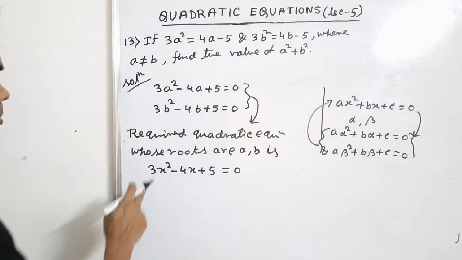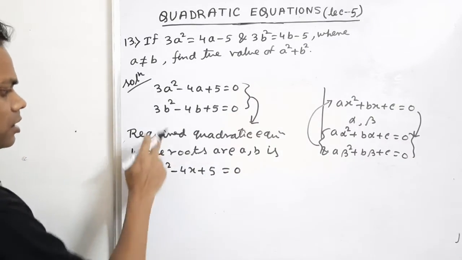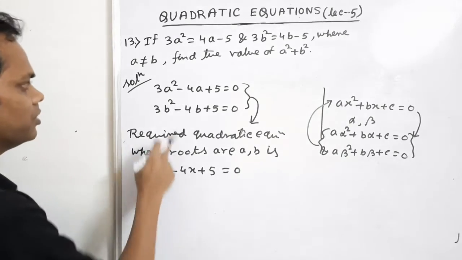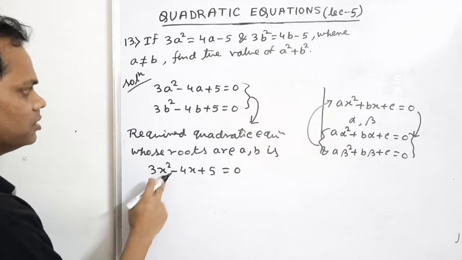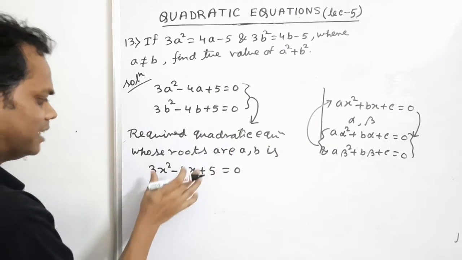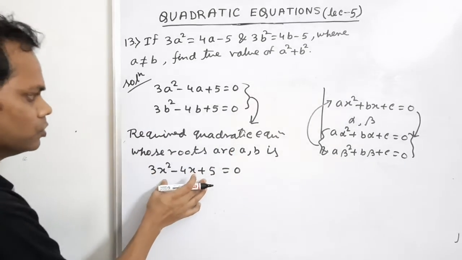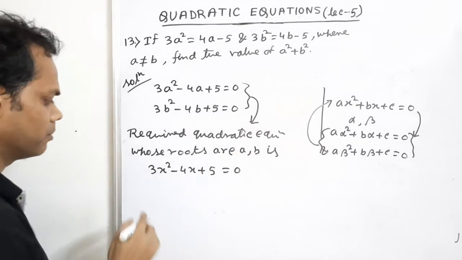Sorry, here the roots are not alpha and beta, the roots are a and b. Now you see that by this equation, if we put a in place of x, then we get this equation. If we put b in place of x, then we get this equation. That means this is the quadratic equation whose roots are a and b.